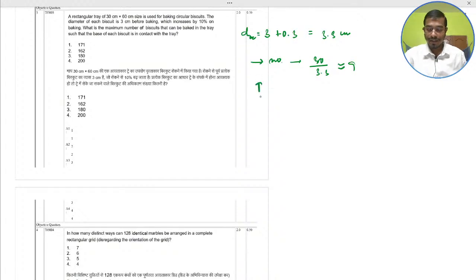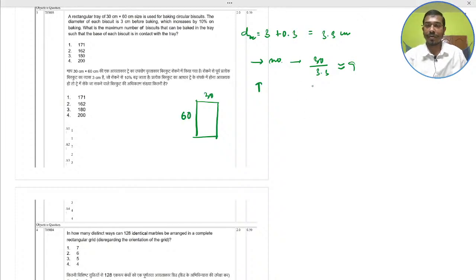The tray is 30 cm into 60 cm, so this is 30 and the 60. Just a minute, this should be this one.